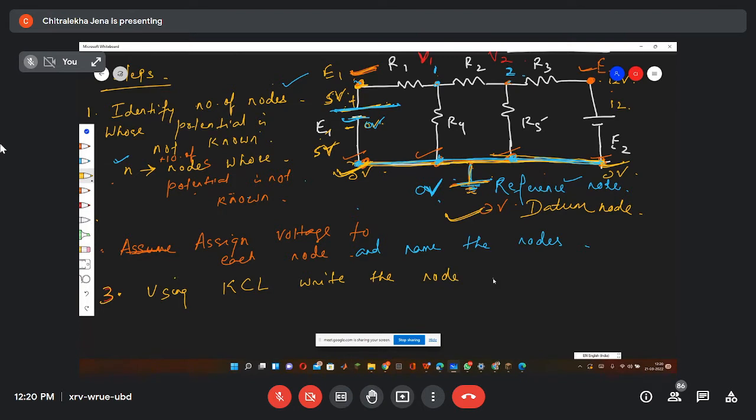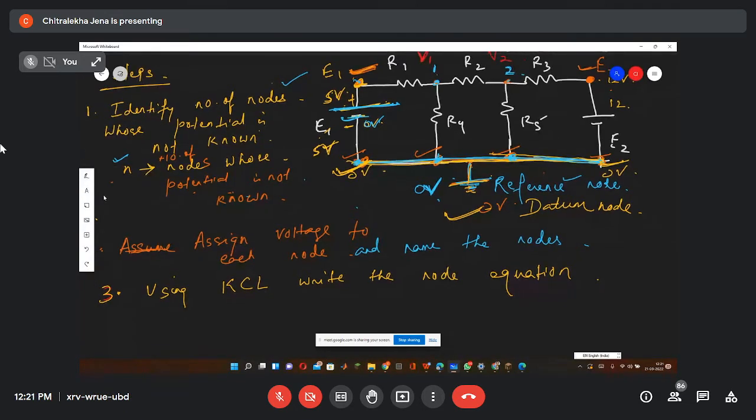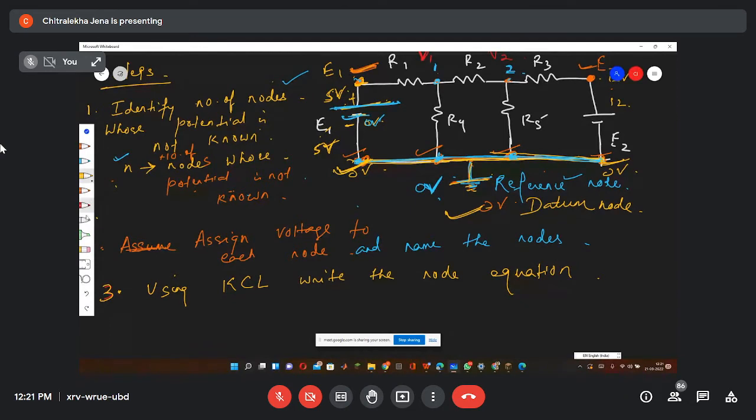When you use Kirchhoff's law, you must have the currents in the different branches, then only can you apply Kirchhoff's current law, right? So listen to these points very carefully. You arbitrarily assign current, according to your wish, in the different branches.